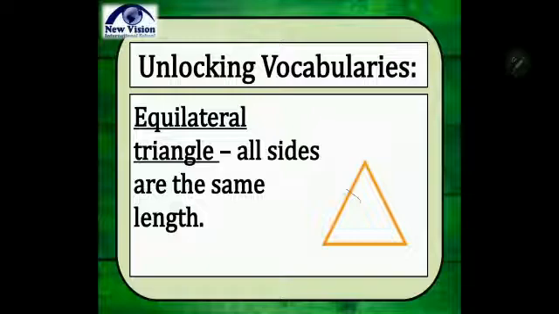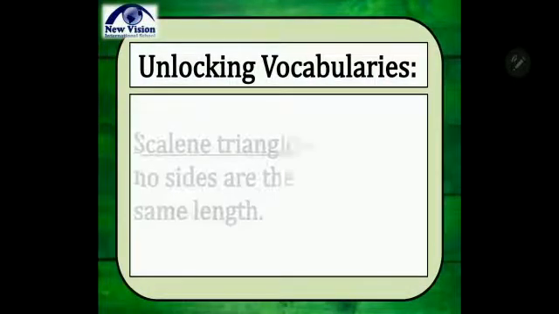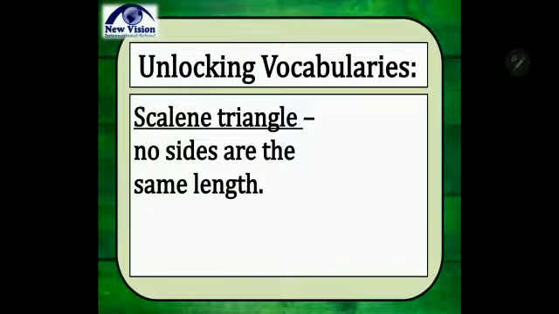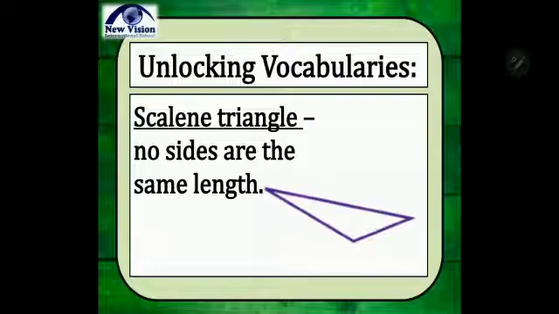So all 3 sides are equal in length. Next, we have scalene triangle. No sides are the same length. So as you can see, this is different from this side and different from this side. No sides are the same length.